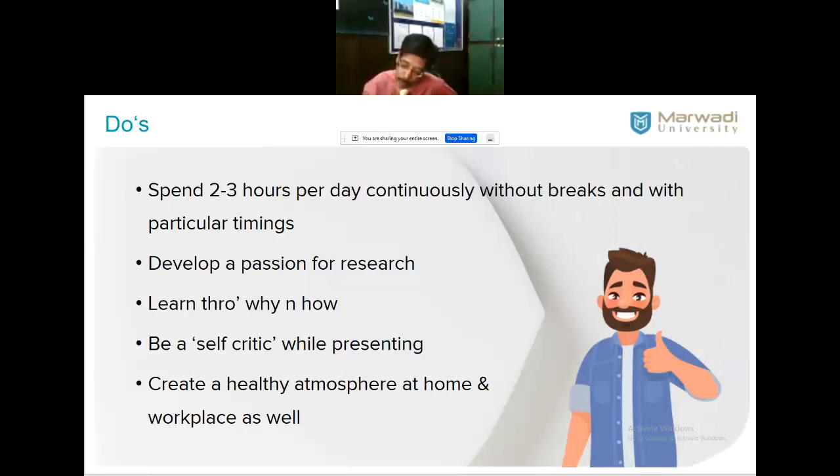Whenever you are presenting something, you can ask yourself: is there any better way of presenting? How does it follow from the previous point I have stated? How is it going to contribute to the next point? These govern the flow of your written article. That is extremely important. Being a critic, being a self-critic is a different art altogether. So create a healthy atmosphere at home and workplace as well, right?